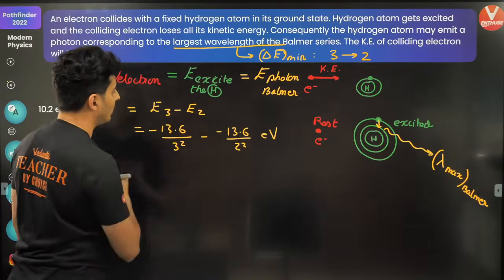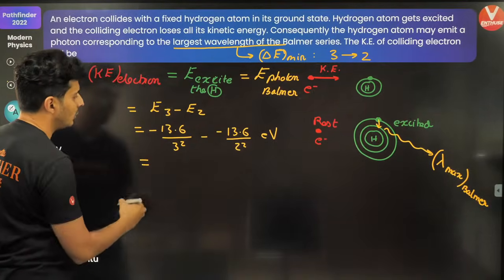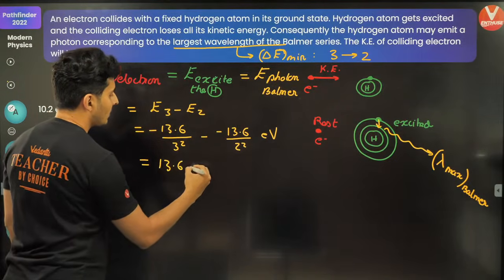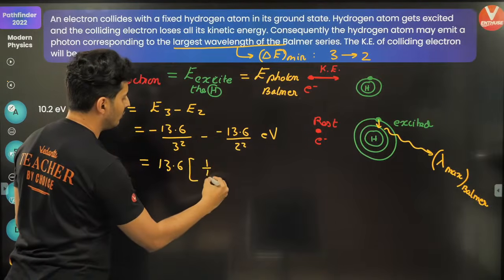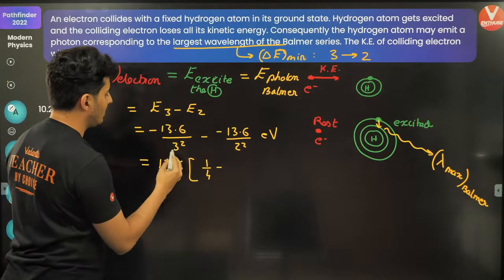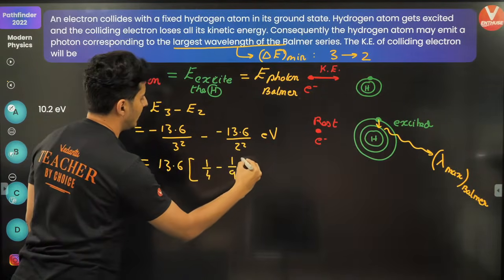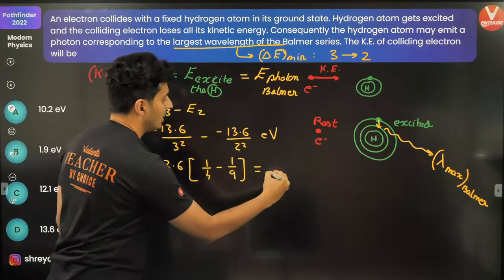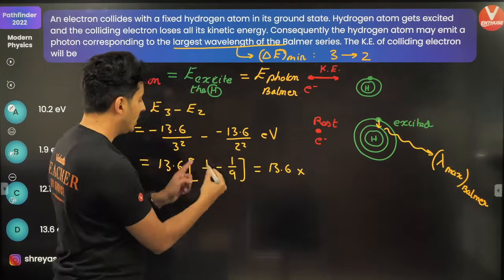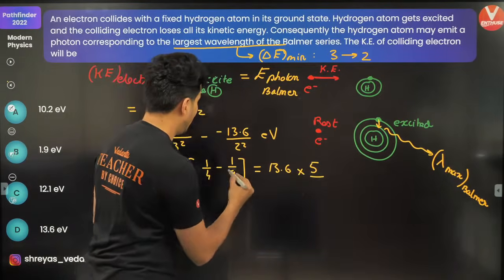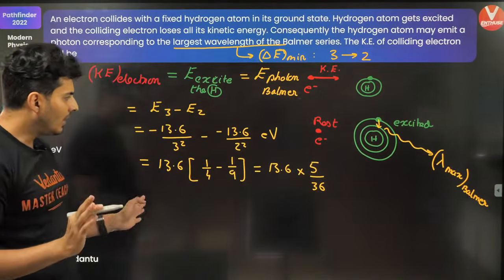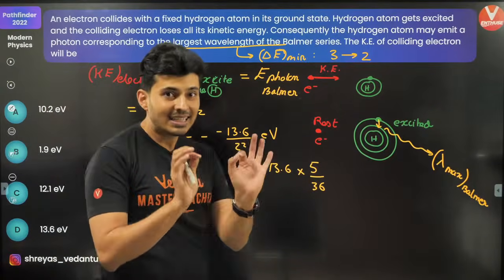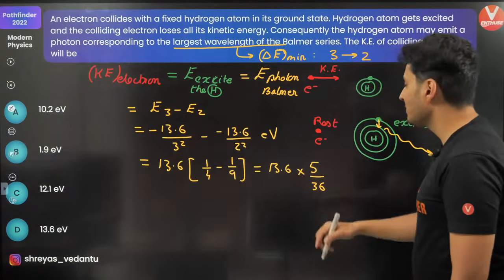This is all in electron volt because I want my final answer in electron volt. So 13.6, and there you have minus is plus, so 1 by 4 minus 1 by 9. So this will be nothing but 13.6 into (9 minus 4) by 36, which is 5 by 36. Okay, now let's try to approximate. Just think, what is 13 5s?